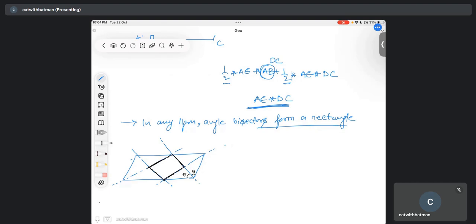Theta, theta, obviously, 90 minus theta, 90 minus theta. So this will be 90, because in this triangle the total has to be 180. This is 90. So this is 90. Vertically opposite angles. And that makes it a triangle. Right? That's 2 theta, 180 minus theta. Sorry, 180 minus 2 theta.